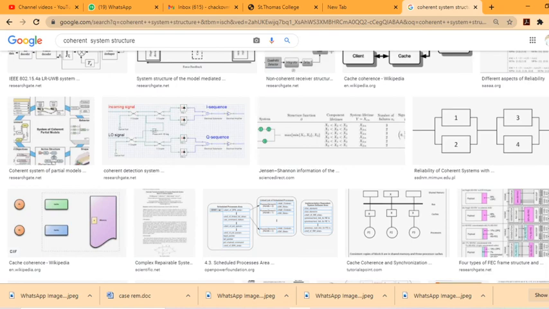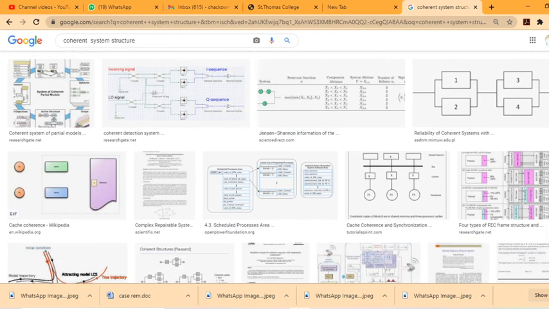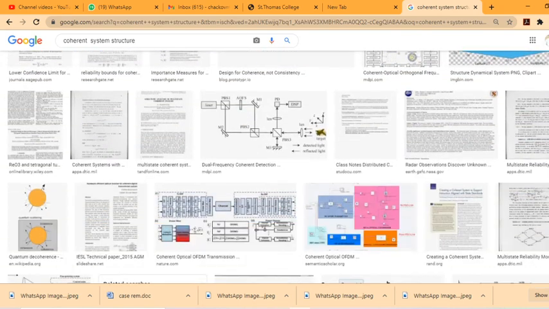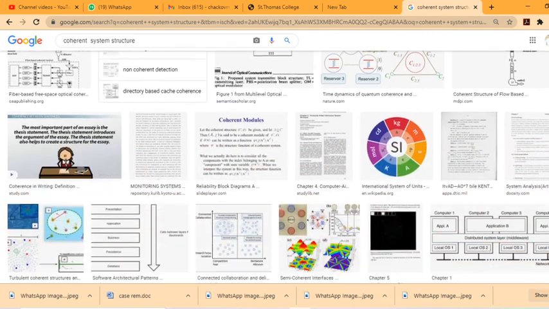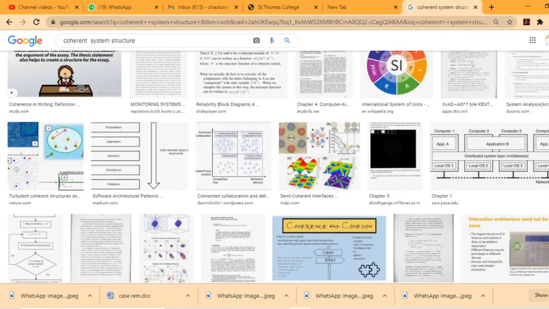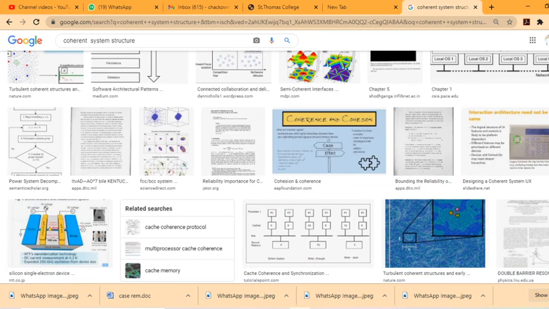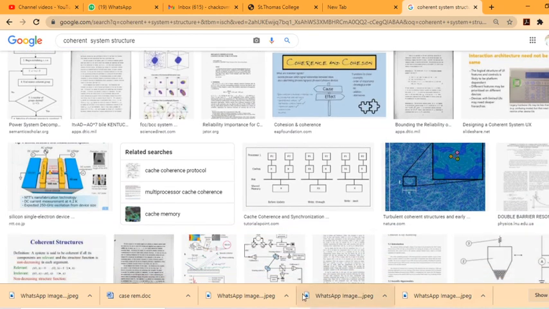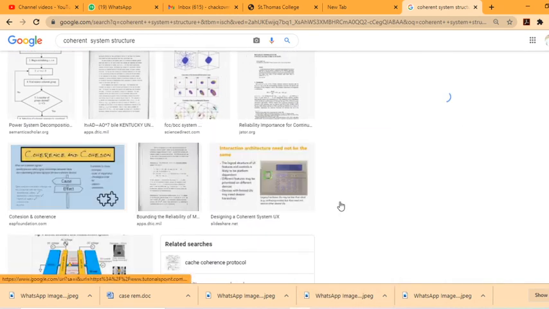What is the use of this type of representation? It can be easily analyzed as a series system of parallel subsystems or a parallel system of series subsystems. So this is another example you can see.